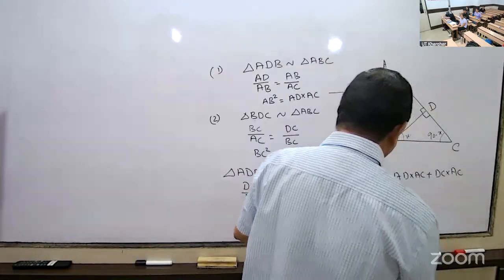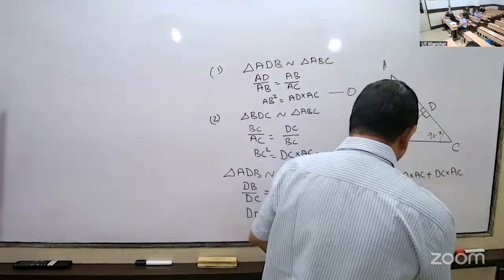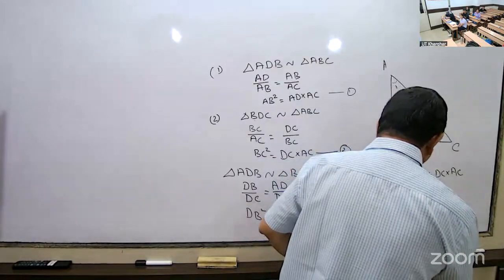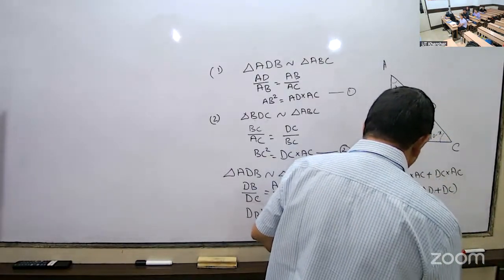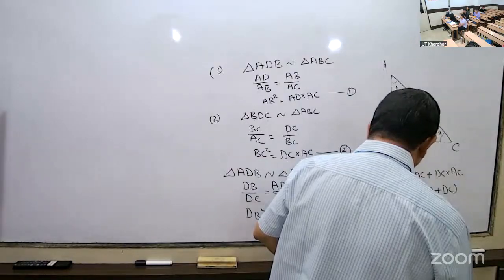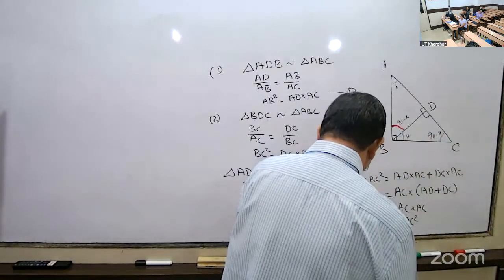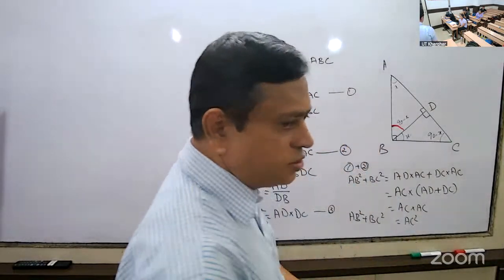Let's see what you can simplify. AC is taken common. What is left out? AD plus DC. What is AD plus DC? AC. What is AC into AC? AC square. What is the left side? AB square plus BC square. Look at the figure. Have you got this one?